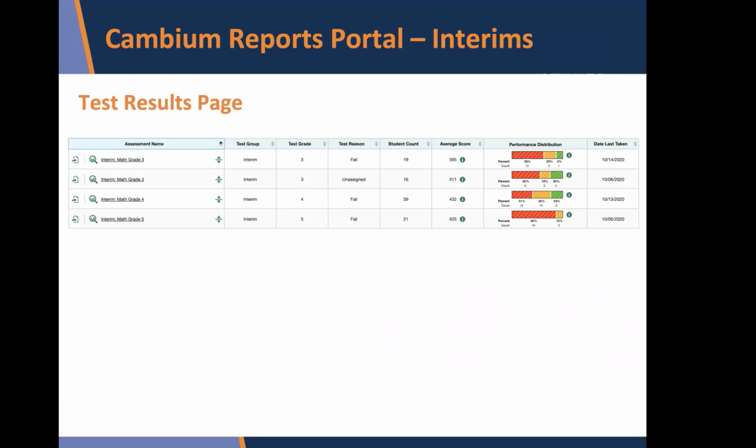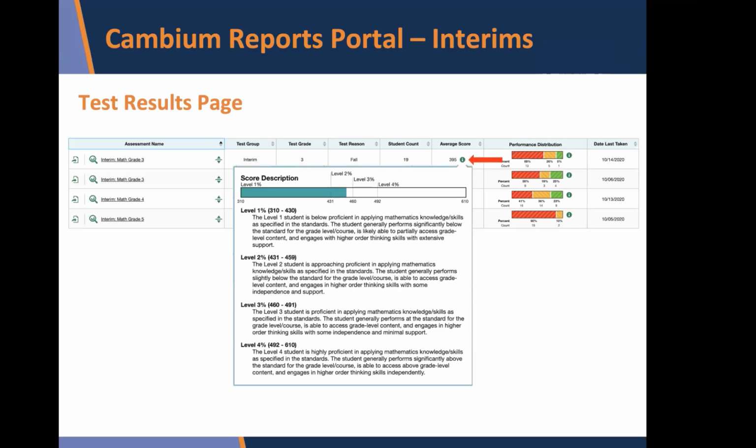So this is what the test results page looks like. You would have every assessment name that you had given for mathematics or that you have access to. This little I here, again, this is basically your cut scores for the specific assessments that you did. So you can see interim math grade 3, here are the cut scores for each one of those levels.